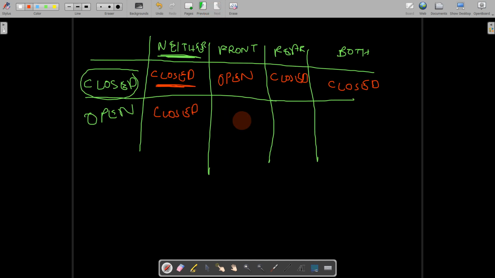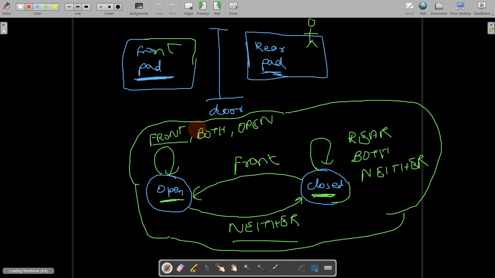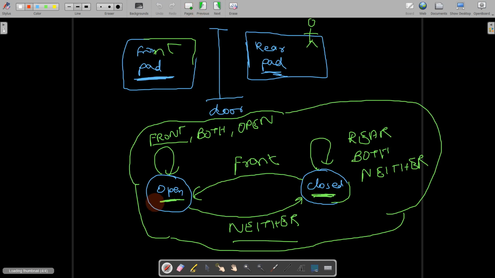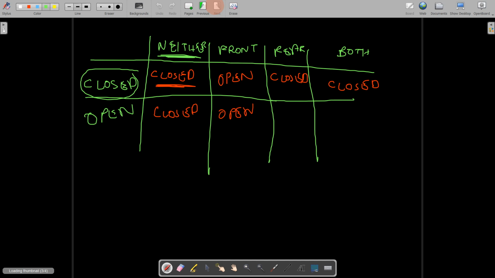Then open on rear, it goes to open. And in both, it will stay in open state.